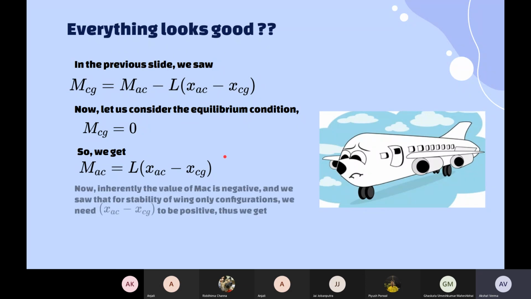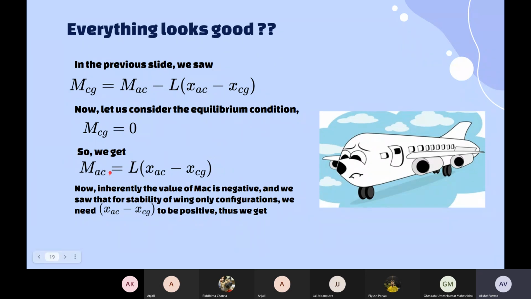MAC, as you know, for a stable aircraft is inherently negative. And we just saw in the previous slide that for stability, we need to adjust our center of gravity such that it lies ahead of the aerodynamic center. So this quantity will be positive. Can you now see what the issue is?